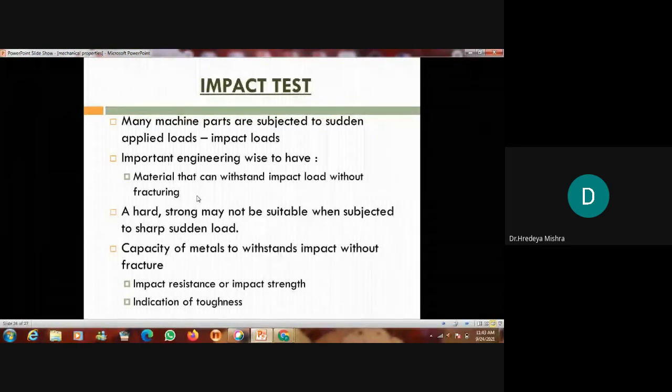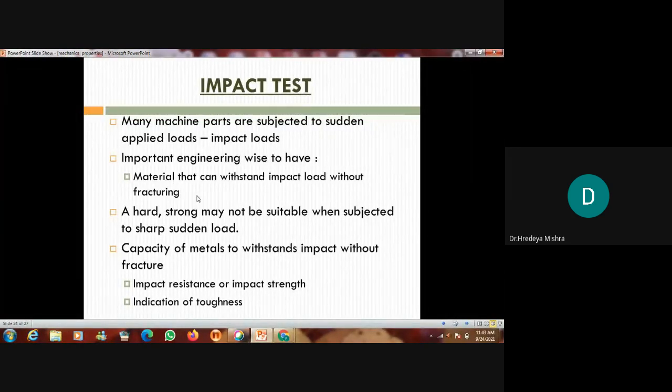We apply the load between two jaws to fix the workpiece. The load is applied by rotating the handle, and many times the worker rotates the handle very fast and a sudden load is applied on the component or the jaw of the vice, and due to this sudden load some failure occurs.